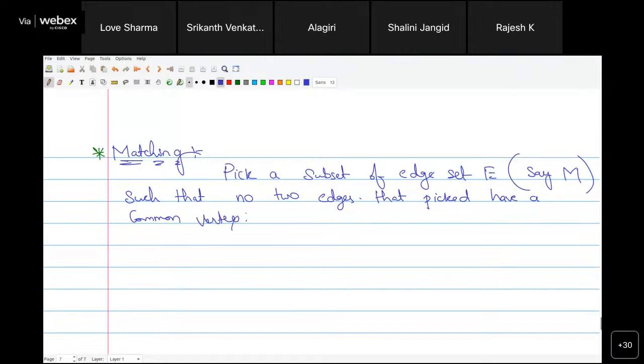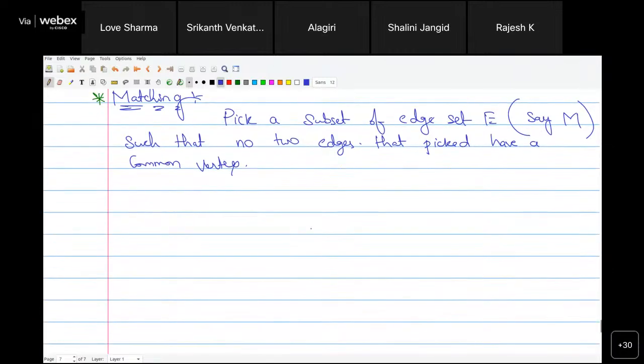So I will also explain what having a common vertex means, then you will understand the matching definition.